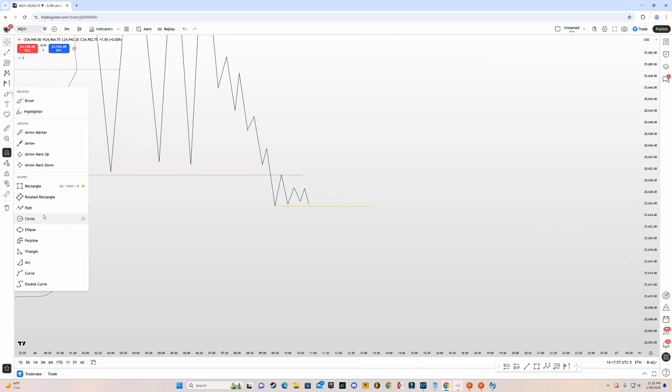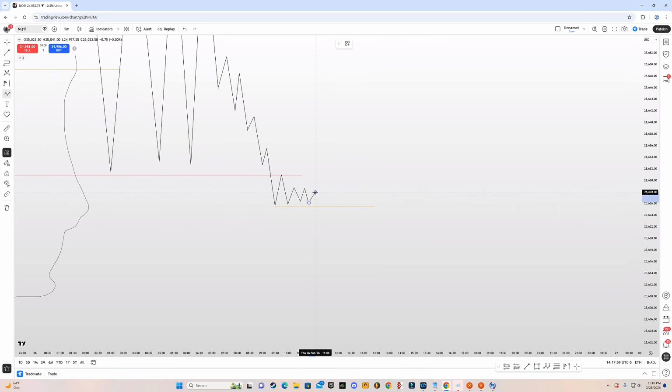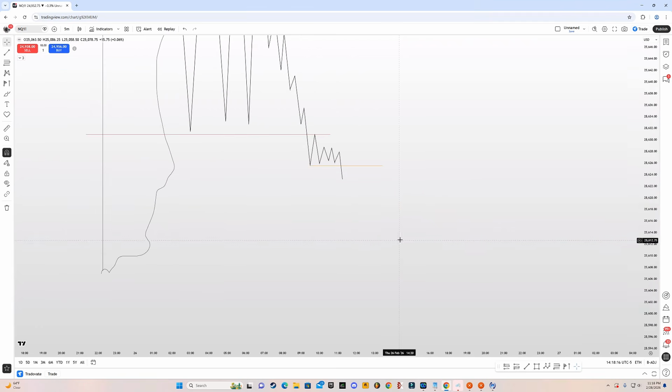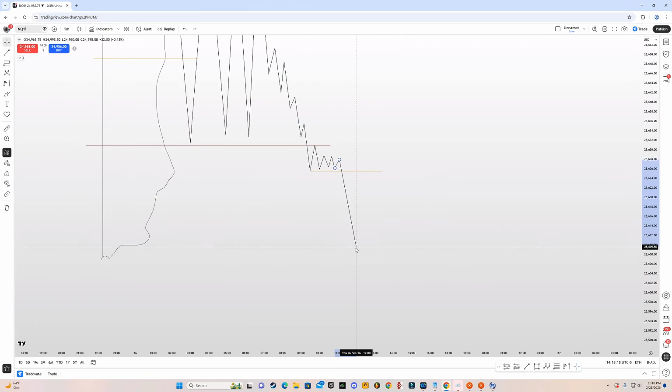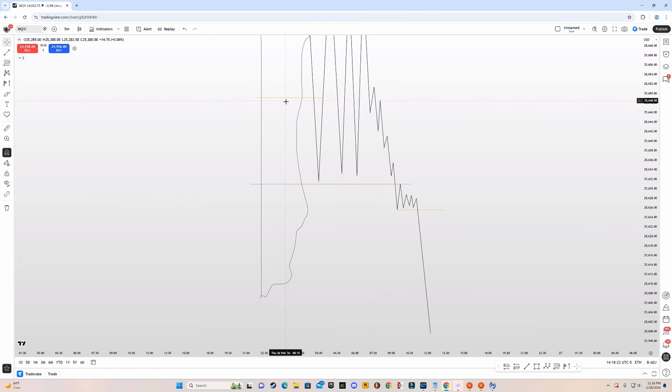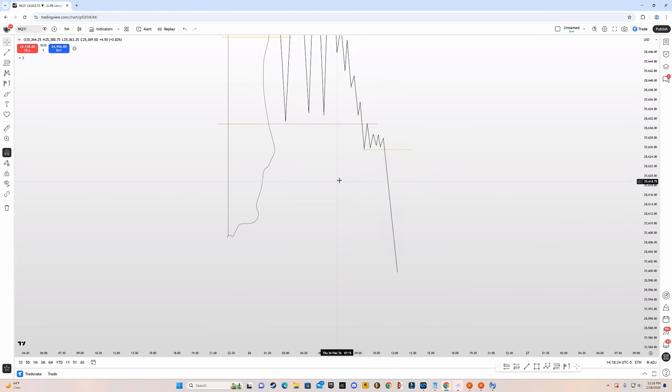Now, the way that I would enter is as soon as we see a significant volume candle, not a small 5-minute candle, but an aggressive 5-minute candle breaking out of this. That is going to be your short position. And you can put your stop above the value area low or above the high. And then you can pretty much target usually the previous day's value area high, the POC, and value area low.